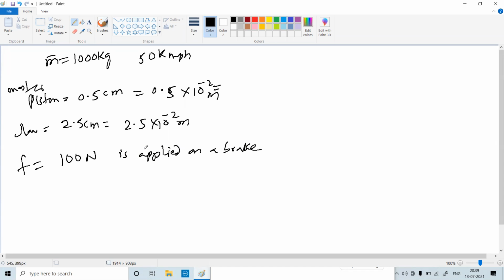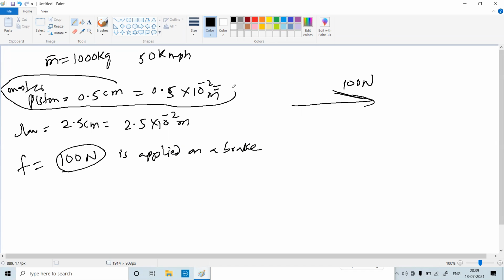What distance will the car travel before coming to stop? The car is traveling, and I am applying a brake force of 100 Newton on the master piston. How much distance will it take to stop immediately?